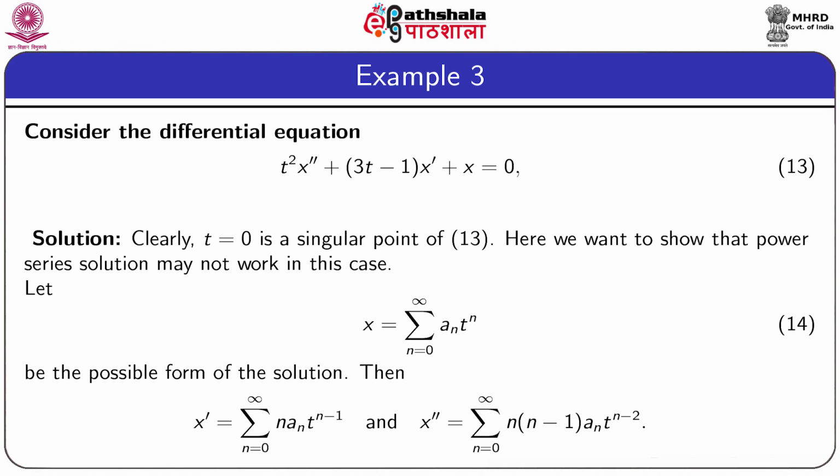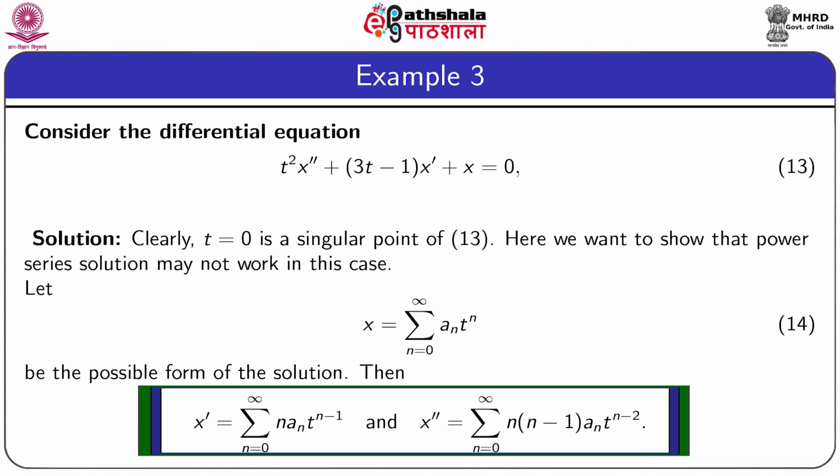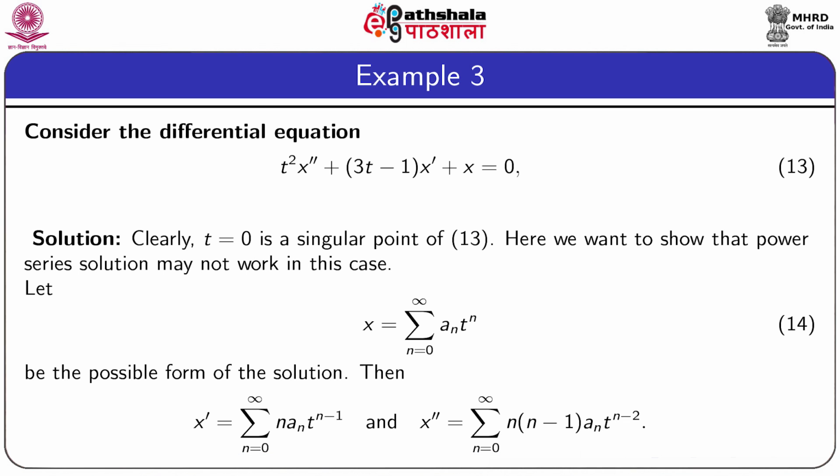Differentiating 14 twice, we will get x' = Σ (n = 0 to ∞) n aₙ tⁿ⁻¹, and x'' = Σ (n = 0 to ∞) n(n − 1) aₙ tⁿ⁻².